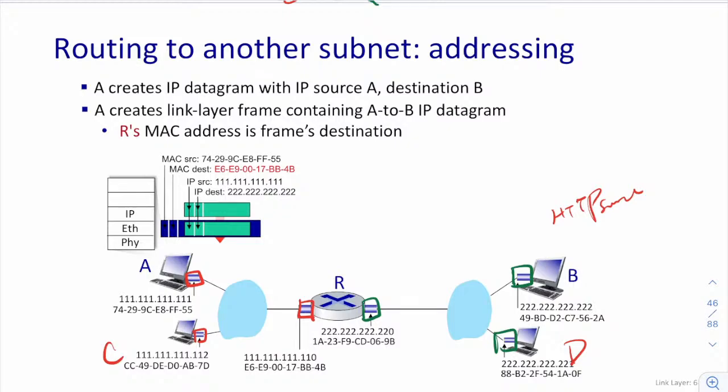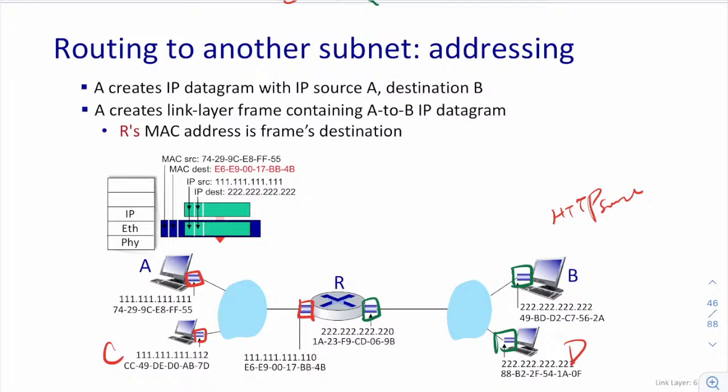So when A encapsulates the datagram and wants to create a frame, the source MAC address should be A's MAC address, so it is 74292C, right? But one important thing is what MAC destination address should be written in this frame.